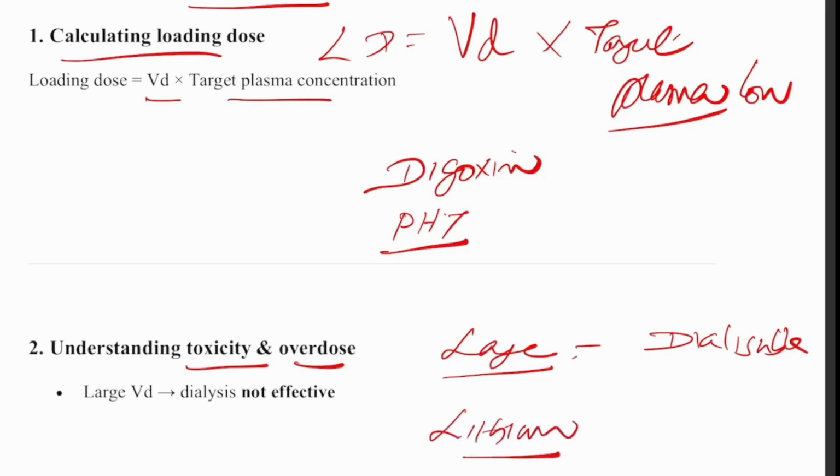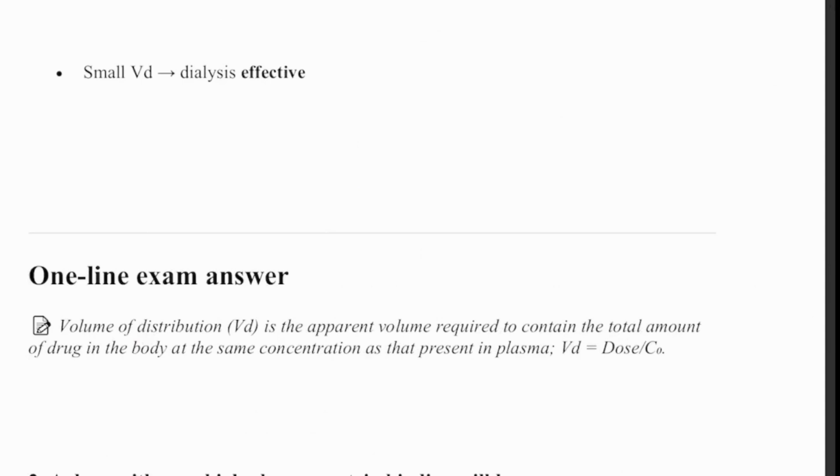Lithium has got a low volume of distribution, and so it is dialysable. So as mentioned, volume of distribution is the apparent volume required to contain the total amount of drug at the same concentration as that present in plasma, and is calculated by using the formula Vd is equal to dose divided by concentration.